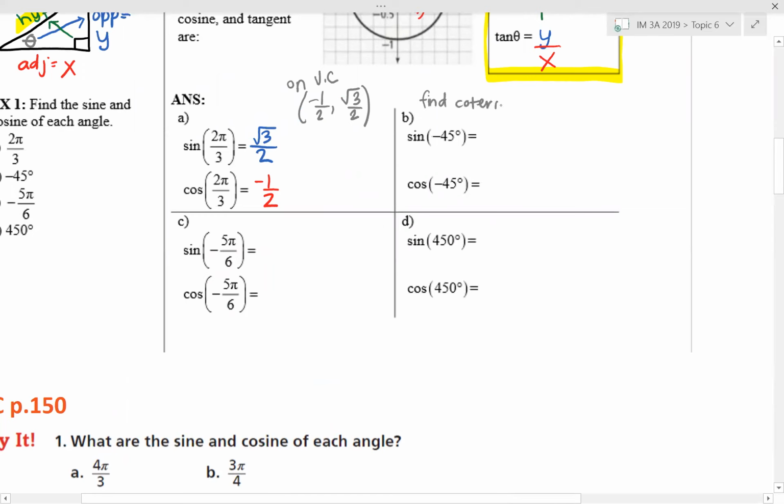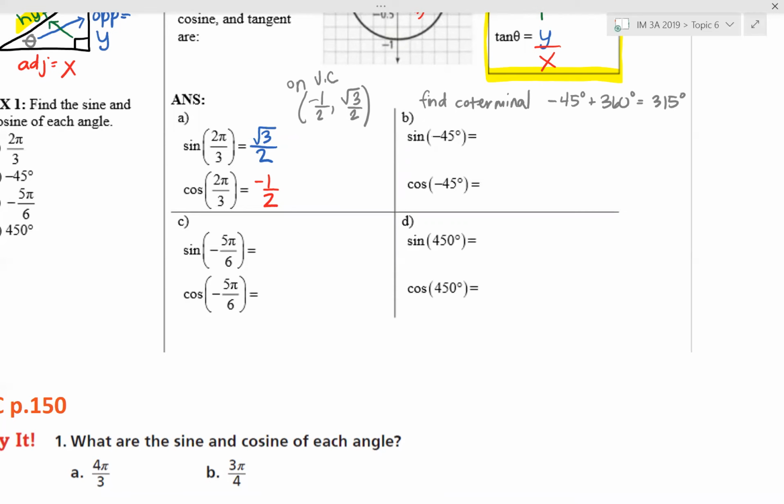Remember that if I have an angle that is negative, I want to take the -45 degrees and add 360 degrees to see where that ends up. -45 plus 360 is going to give us 315 degrees. So that's the value that's on the unit circle. My coterminal angle to -45 is 315.